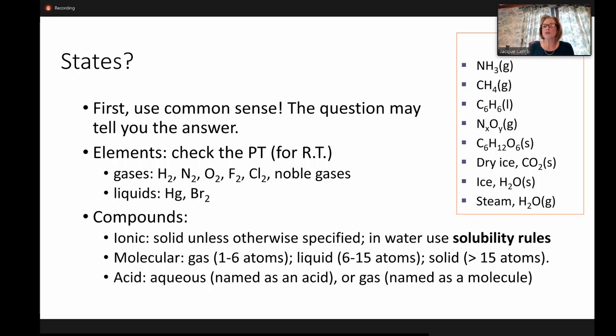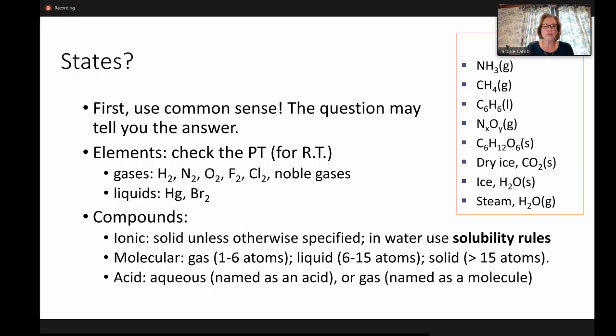You're going to be given sentences and asked to convert those into chemical reactions, and very often you'll be told what the state is. You can get the information from the statement. But you can also use common sense. You should know some things.